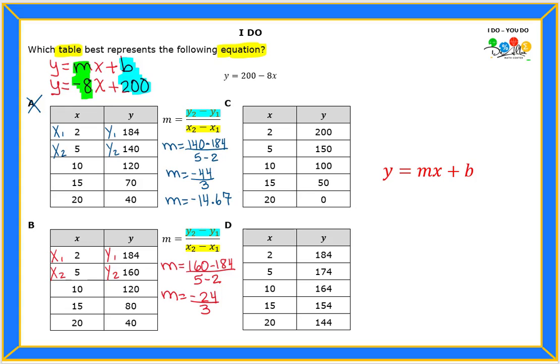Is that right? And if you simplify negative 24 over 3, I get negative 8. Do you see what happened here? I can see the magic number. I see that negative 8. Isn't that the negative 8 that I was looking for? It is, right?